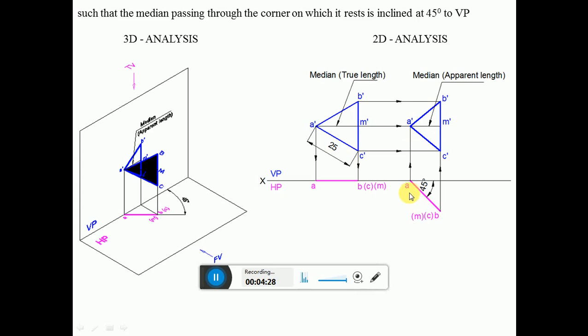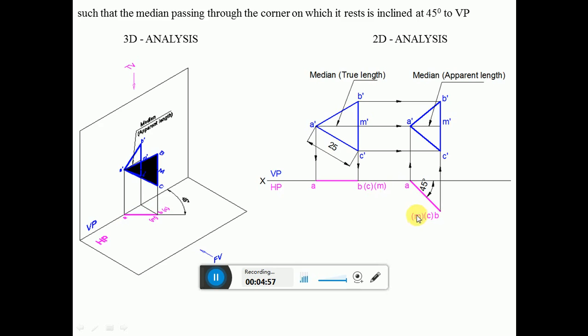Now you can see here AM, even though the surface is inclined. Once the surface is inclined, what happens? The median AM is also on that surface, so naturally the AM line is also inclined. That is evident from the 3D analysis, and AM becomes inclined to VP.